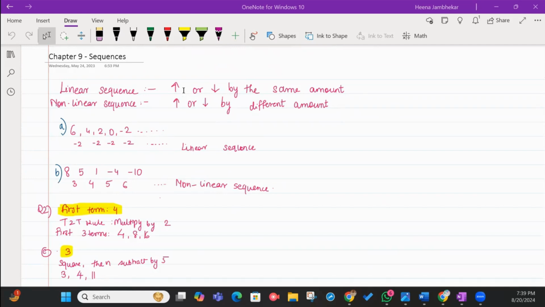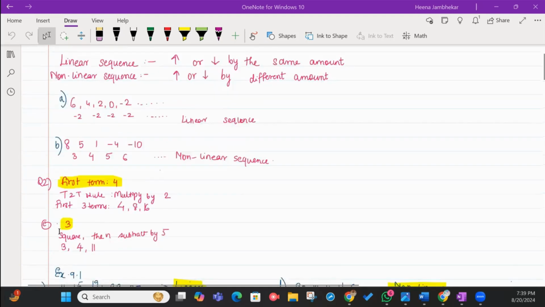If it is increasing or decreasing by a different amount, then it is called a non-linear sequence. For example, you have 6, 4, 2, 0, minus 2. The difference between 6 and 4 is minus 2, again minus 2, again minus 2. So if the difference is the same, then it is linear. If the difference is not the same, for example, you have 3, 4, 5, 6, then it is non-linear.